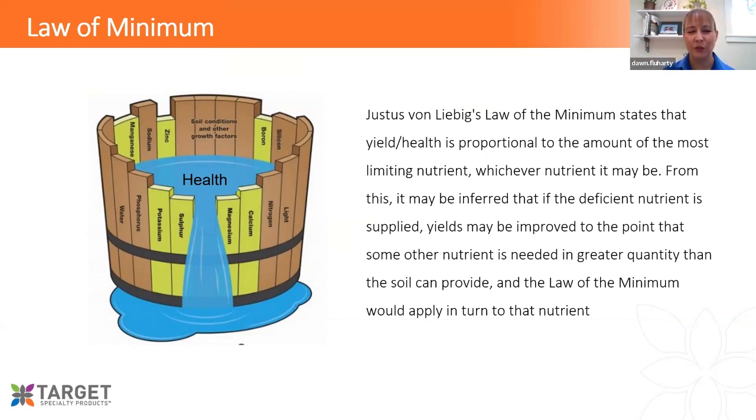You might have plenty of all the others, but maybe, I don't know, boron is lacking. And then all of a sudden it doesn't have the nutrients to make those defense compounds. That's as good as it's ever going to be. So that's why a lot of times we say put down a micronutrient mix to make sure that you're covered for all the issues you're running into. That way you don't have this minimum effect.